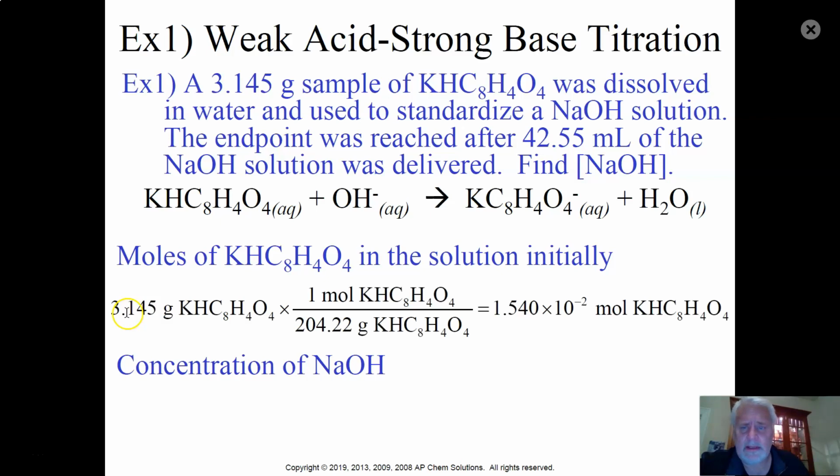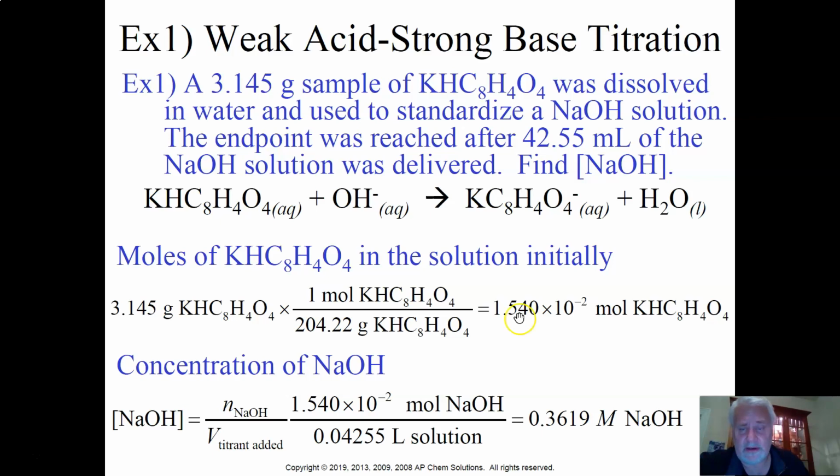You simply take the grams and then look up the atomic weights using your purple sheet. Circle square method if you want, and boom, that's one of the reasons it's so nice to use. You can figure out the concentration pretty easily. You just get the moles, and you got that to 4 sig figs, which is pretty darn nice.